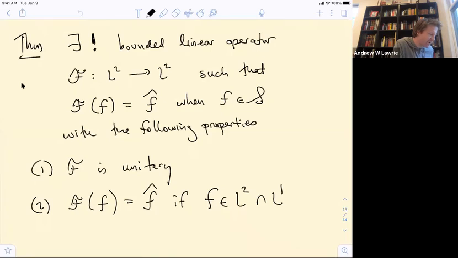It's just a bit of Hilbert space theory. Maybe I'll state the theorem. The key ingredient is the density of the Schwartz class in L2.